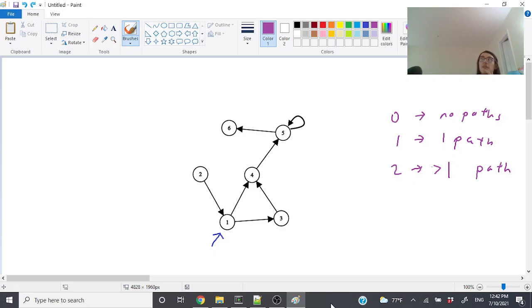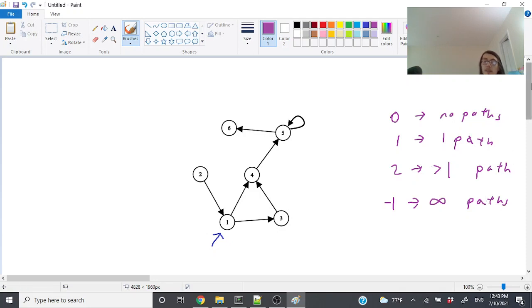Or 2 to the 30th, or 2 to the 200,000, but I digress. So 2 represents more than 1 path, and then -1 is infinite paths.